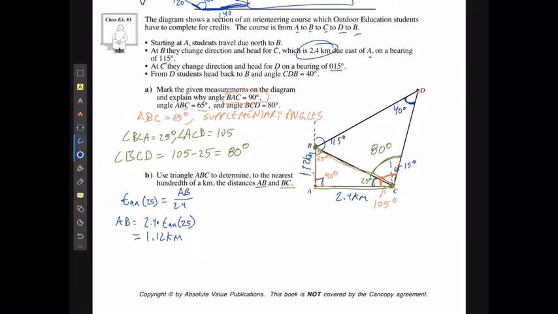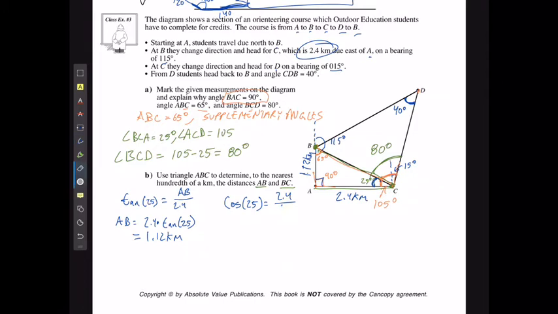The next thing I'm going to do is I'm going to solve for B to C. Well, I could use, once again, whatever ratio I want. Just in case I did A to B wrong, I'm going to use the angle C here, and I'm going to solve for my hypotenuse using that. So I'm going to say that, in this case, cos of 25 degrees is going to equal my adjacent divided by my hypotenuse.